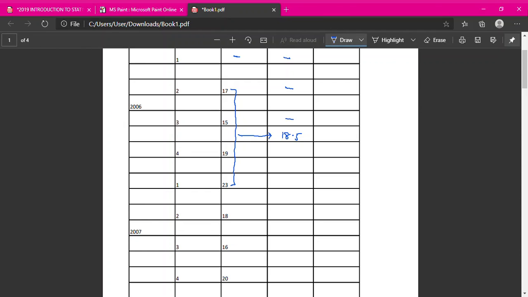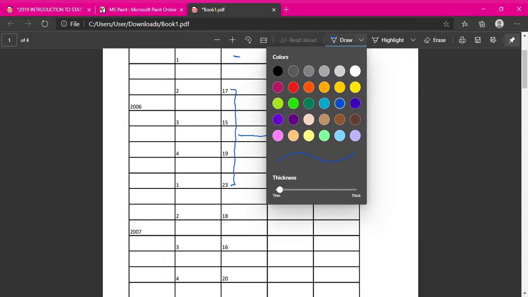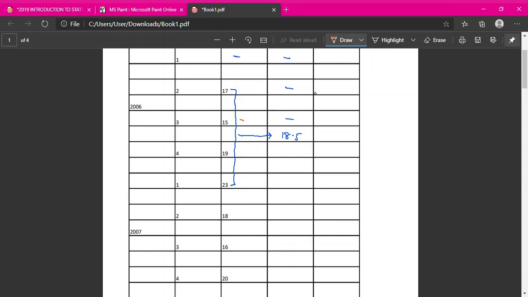Okay. Alright, the next one. Cari pula untuk mulakan dengan 15 pula. 15, 19, 23 and 18. Nak letak kat mana? Letak kat tengah-tengah antara data yang kedua dan ketiga. Okay, so 15 plus 19 plus 23 plus 18 divided by 4. So, you akan dapat 18.75.